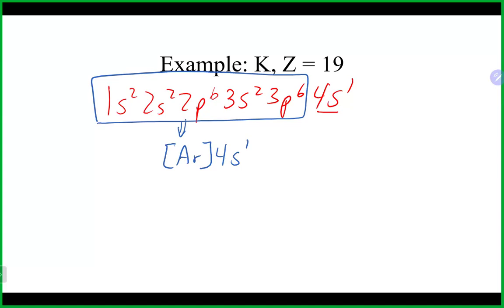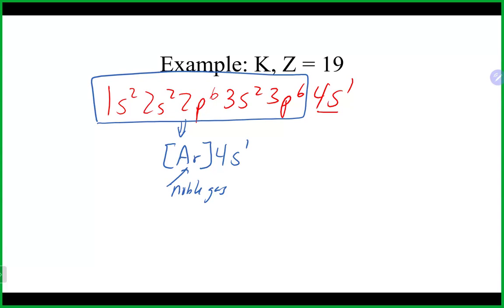Argon is a group 8 element, which means it's a noble gas, and that is what needs to go in the bracket. Sometimes people refer to this as the noble gas configuration. It does need to be a noble gas that goes into the brackets, and it's the noble gas that comes right before the element you were going to write the electron configuration for.